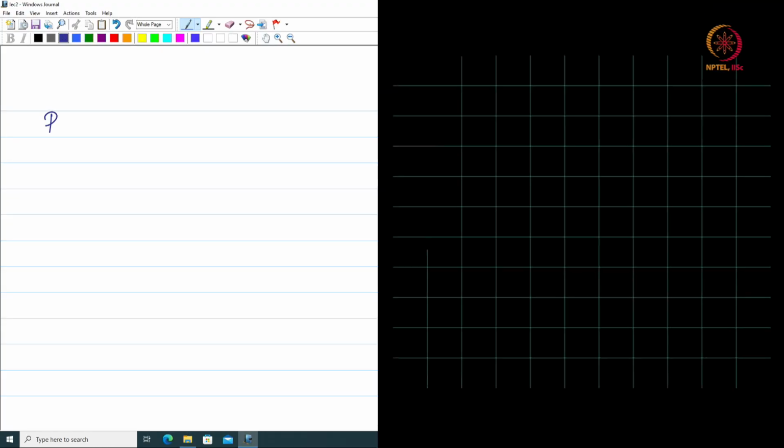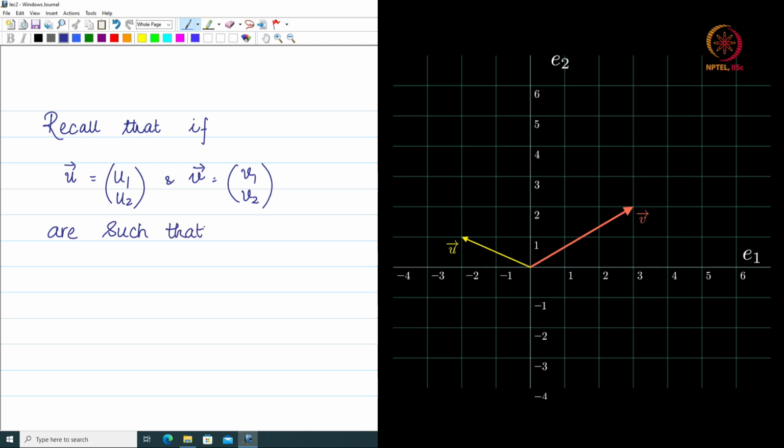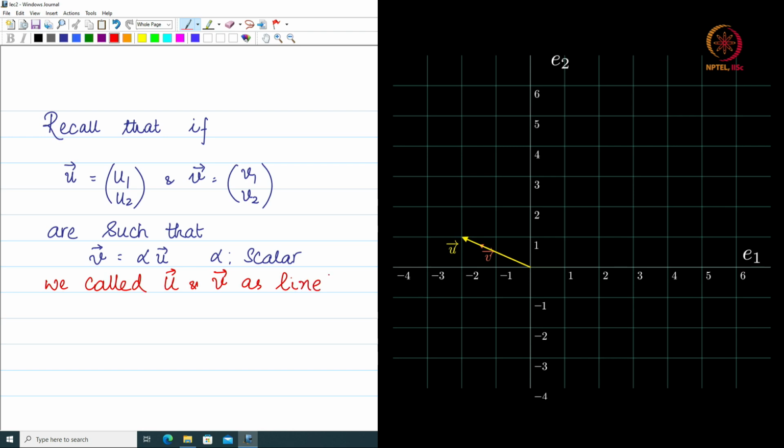So, recall that if u is equal to u1 u2 and v is equal to v1 v2 are such that v is equal to say some alpha times u, where alpha is some scalar, we called u and v linearly dependent vectors.